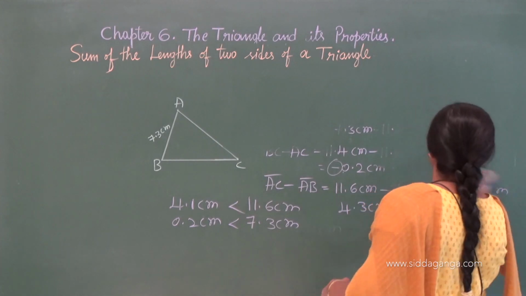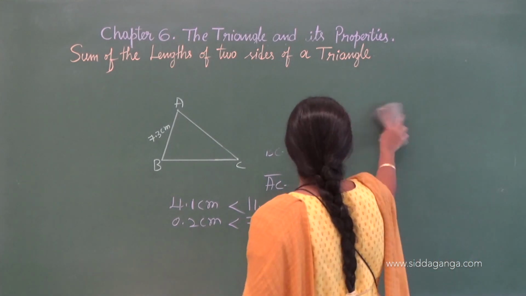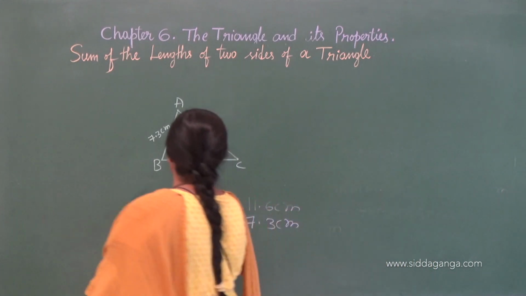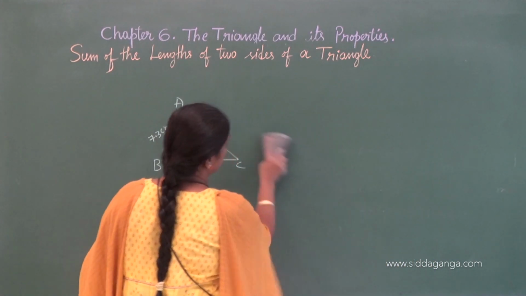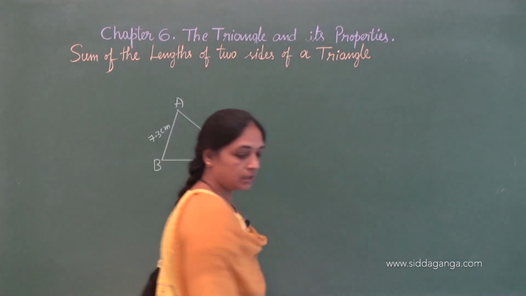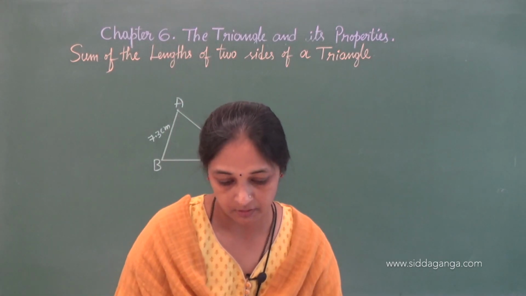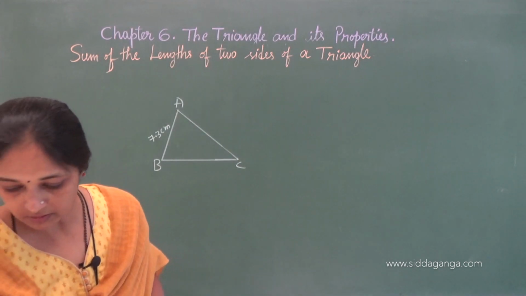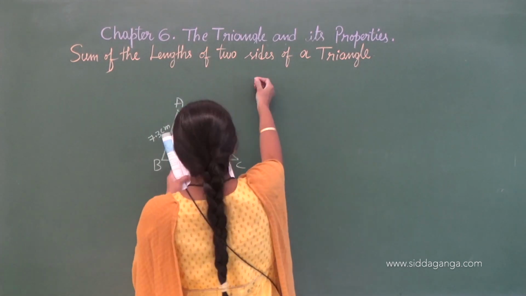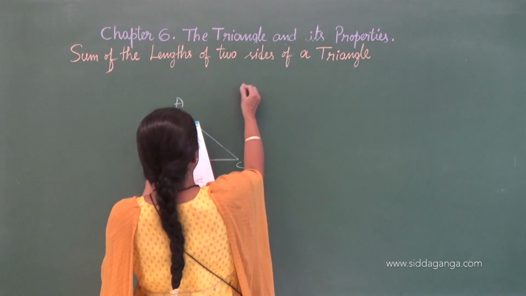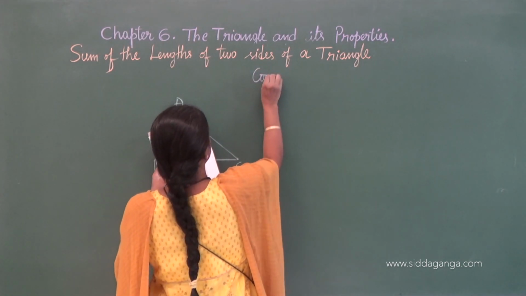These are very important conclusions, that is the relationship between the lengths of the two sides to the third side. So by this we can write like this. Special conclusions.